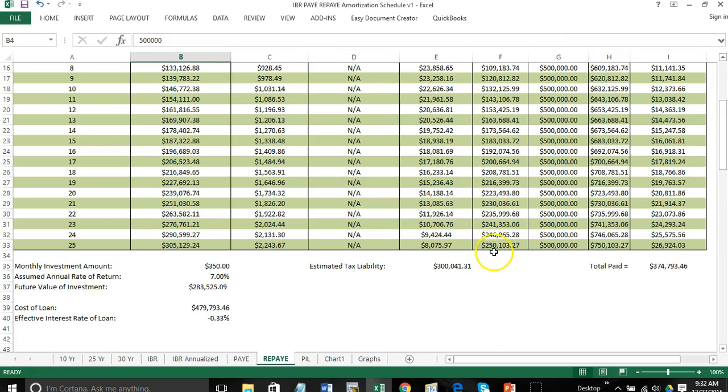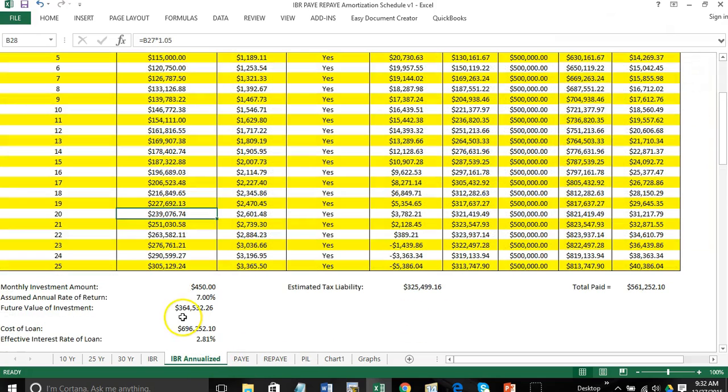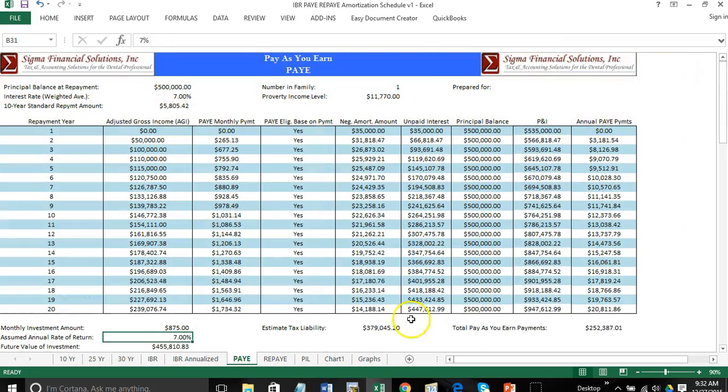As a result, your unpaid interest is only about $250,000 after 25 years, whereas with income-based repayment, again assuming the same income, you have about $314,000 of unpaid interest. So it's less than IBR and less than Pay As You Earn. Again, those individuals with Pay As You Earn might want to move to REPAYE if you're experiencing significant unpaid interest.